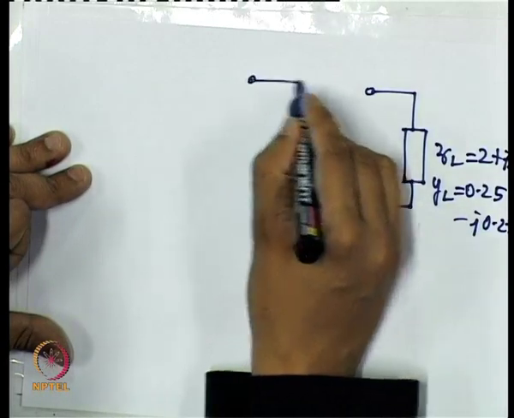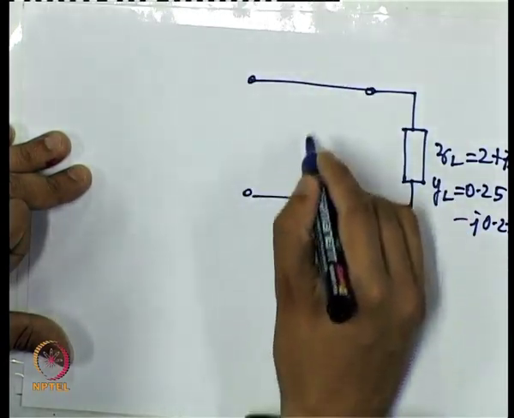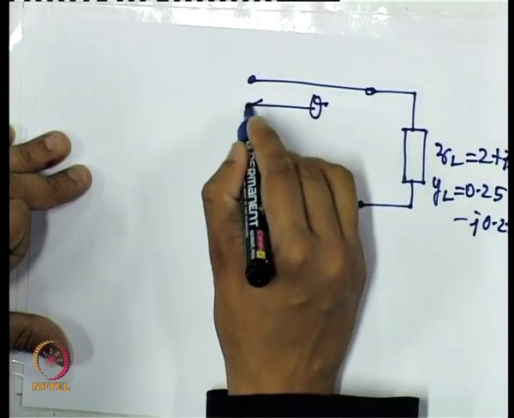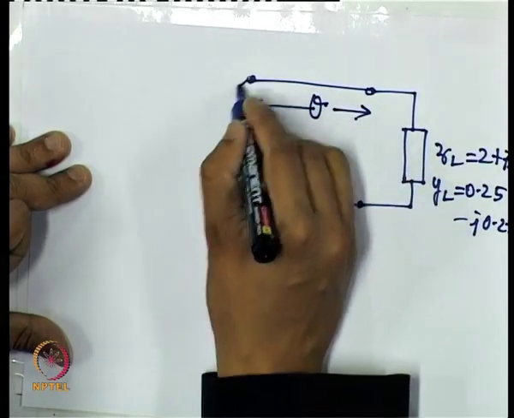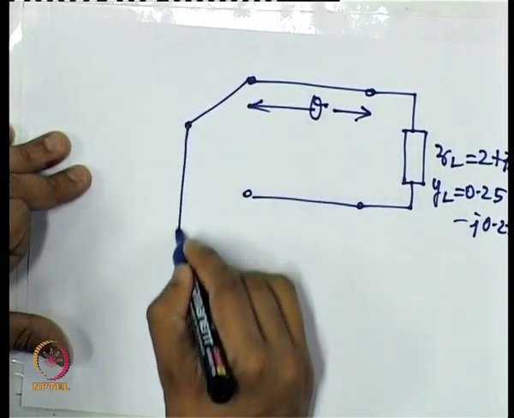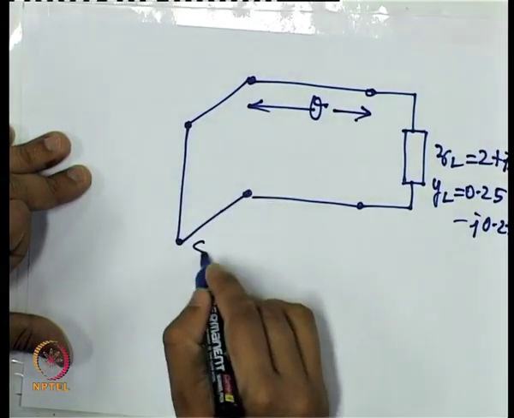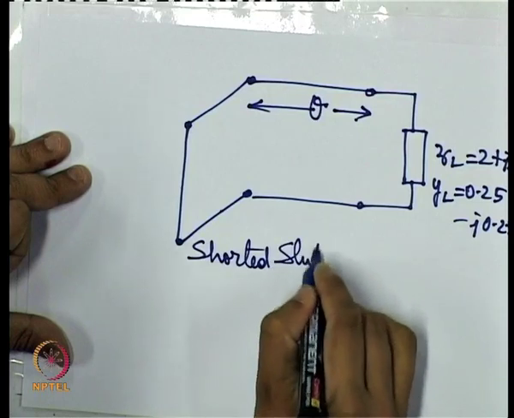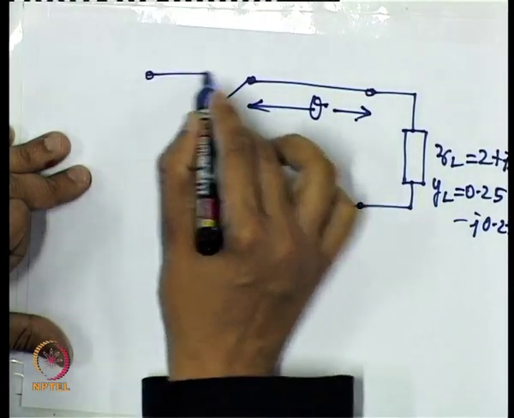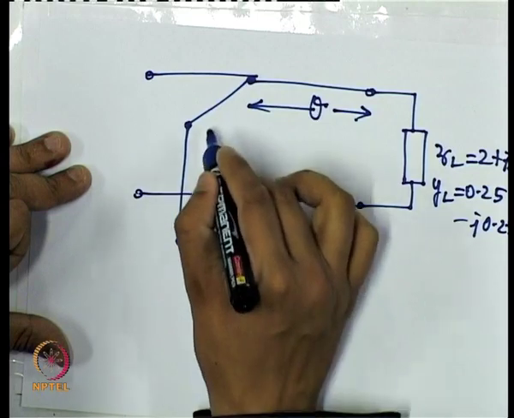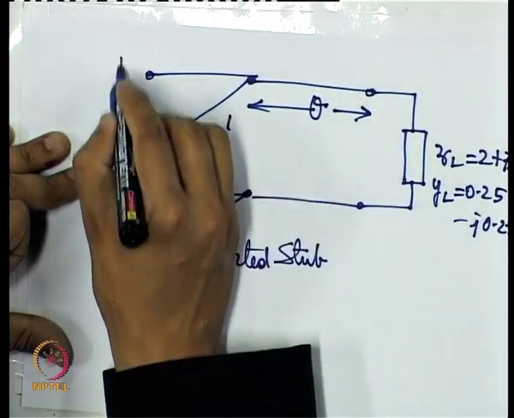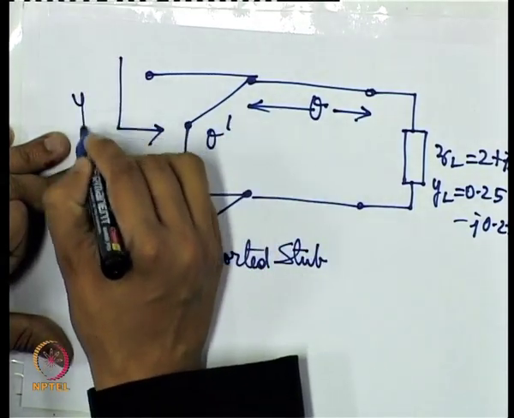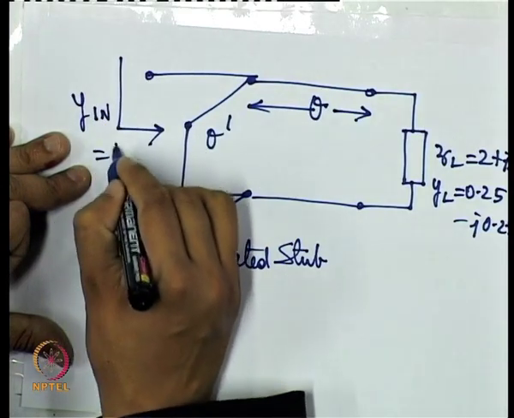First, I connect a length of transmission line corresponding to theta, then I add a shorted stub of length theta dash, and I get Y in equal to 1.